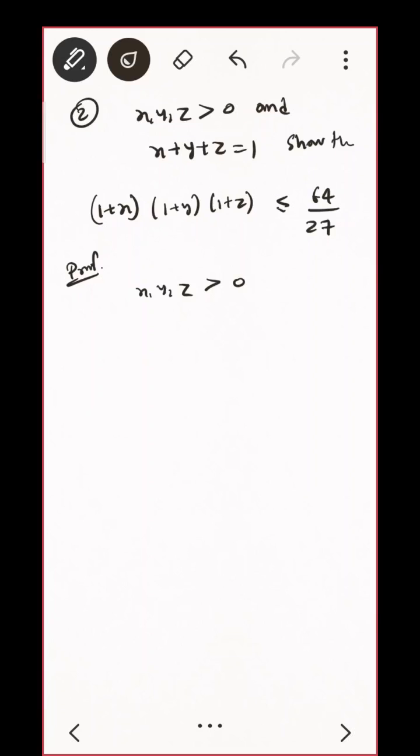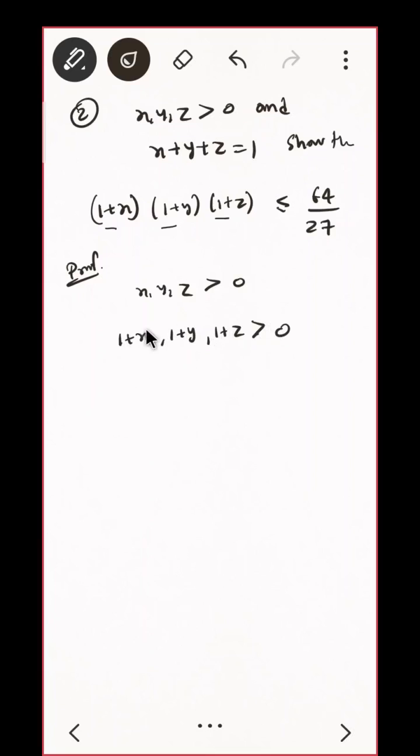Okay, see, on the left side you are seeing a product of three numbers, correct? Can I use the arithmetic and geometric inequality for three numbers? You are given x, y, z are positive, so 1 plus x, 1 plus y, 1 plus z are also positive.